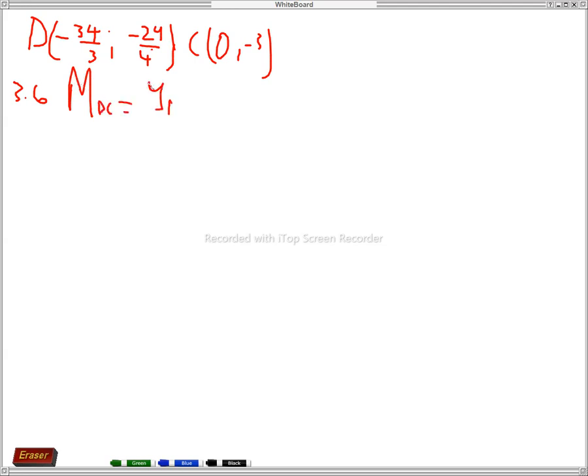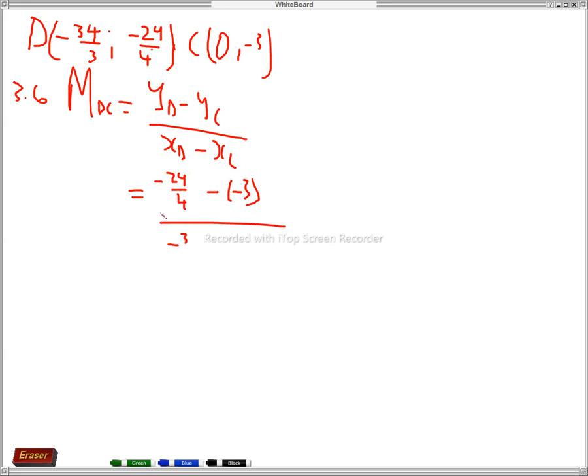It's y of D minus y of C over x of D minus x of C. Moving forward, the y of D is 29 over 4 minus y of C, which is negative 3, and the x of D is negative 34 over 3 minus 0.